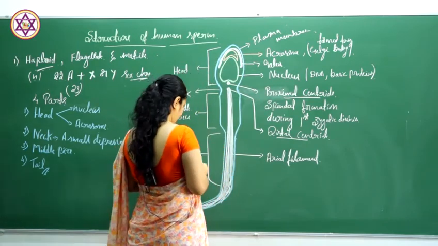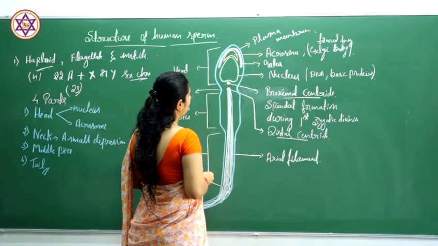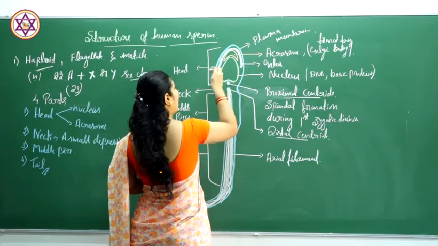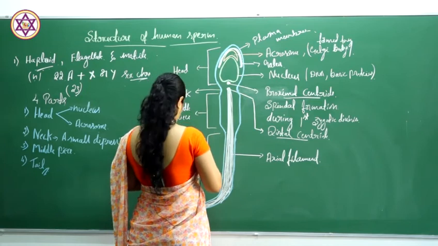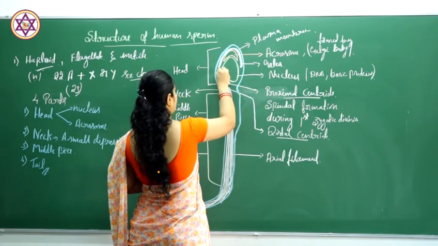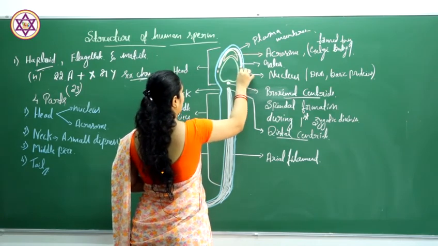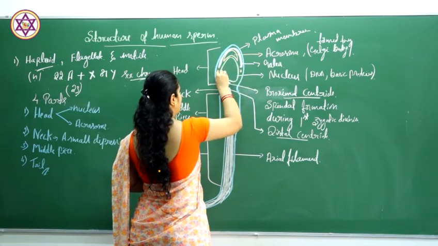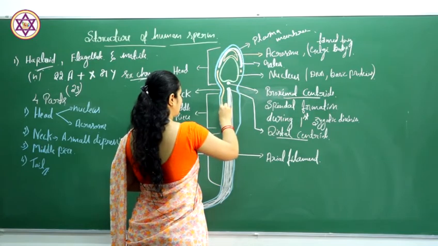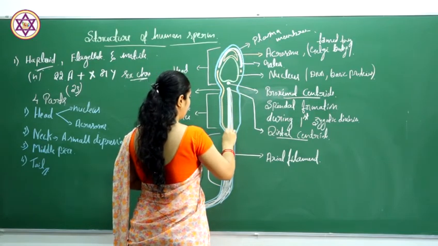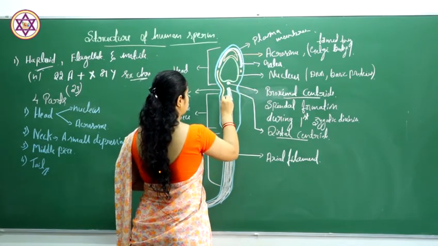And followed by, we have another important sheath, that is called the mansatin. Okay, that extends till the middle piece.